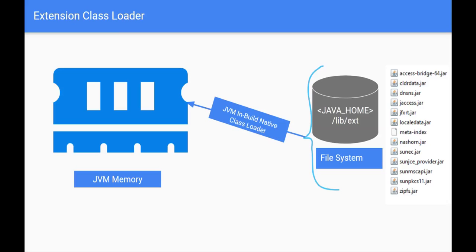The application class loader does exactly the same things as the bootstrap and extension class loaders, but the files which are loaded are exactly the code that you have written.